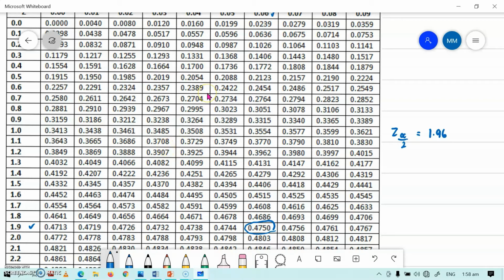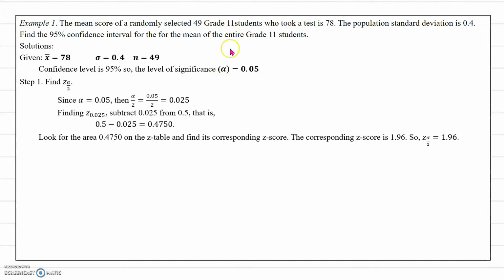Now let's go back. Alright, so we have utilized the z table and the corresponding z value of alpha over 2 is 1.96. So proceed now to step 2. Let's find the margin of error.